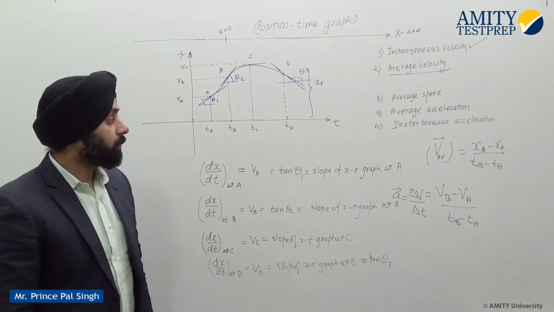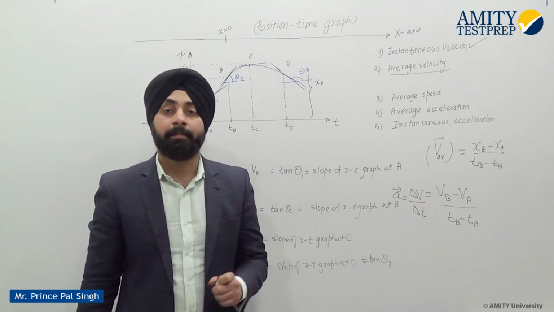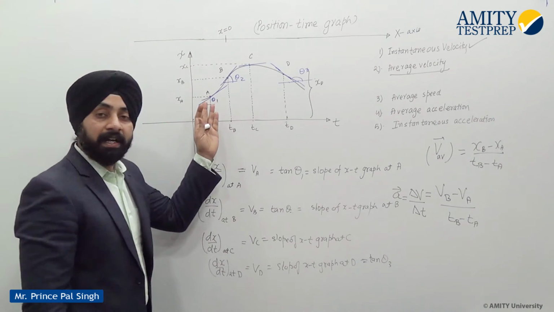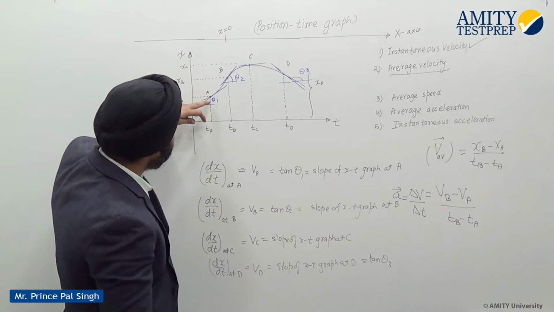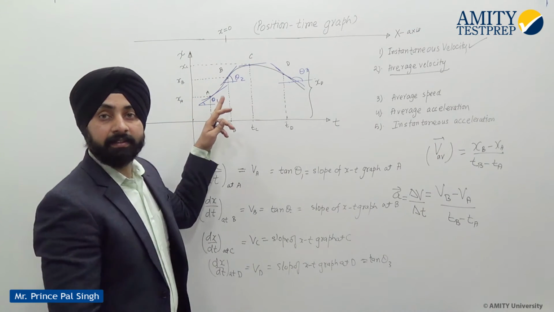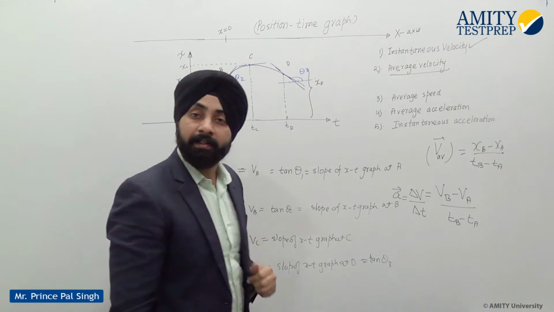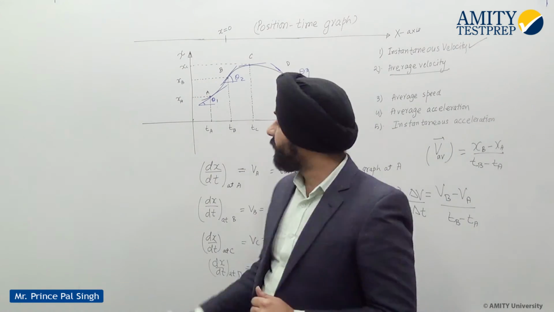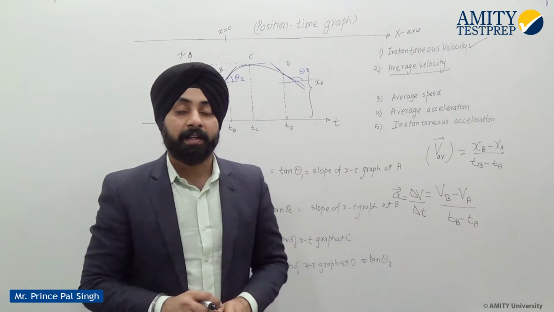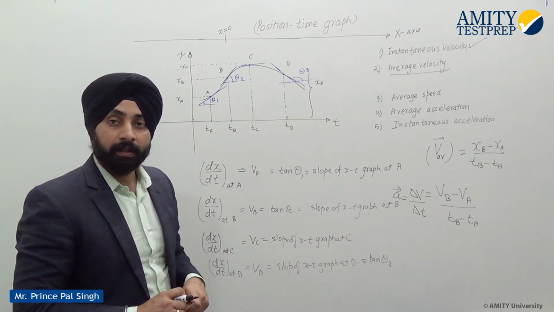You can also find the instantaneous acceleration. We can just have an idea about the instantaneous acceleration: the slope at A is less, and as time increases, the slope is increasing, that is, the particle is accelerating. So the acceleration is positive here.